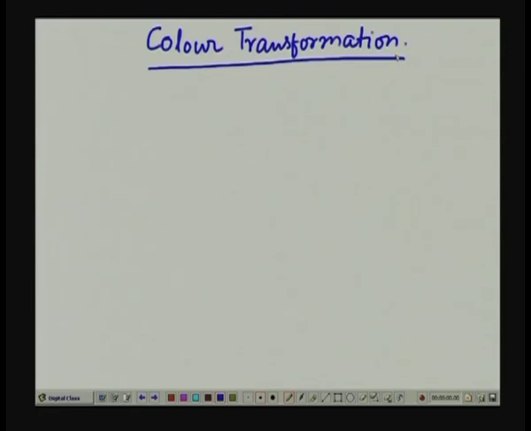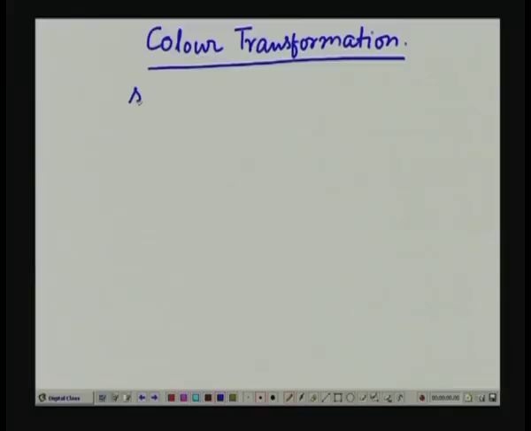Now, you may recall from our discussion of grayscale images or black and white images that we defined a number of transformations for enhancement purposes, and there we defined the transformation as s equal to some transformation T of r, where r is an intensity value at a location in the input image f x y, and s is the transformed intensity value in the corresponding location of the processed image g x y.